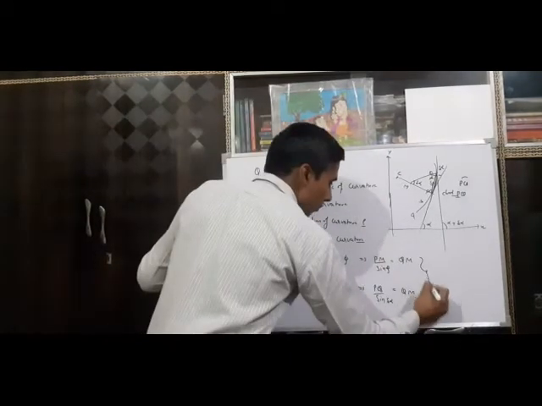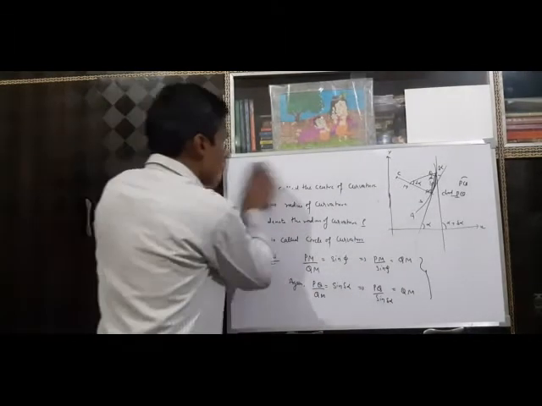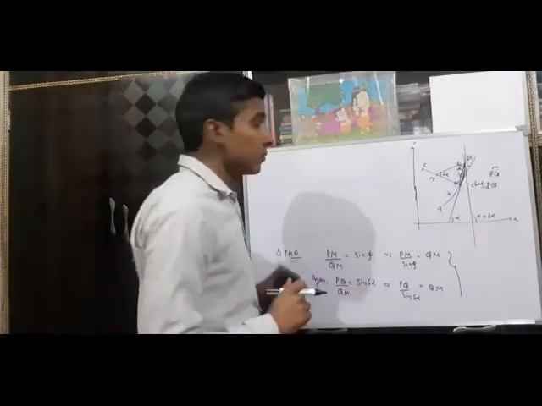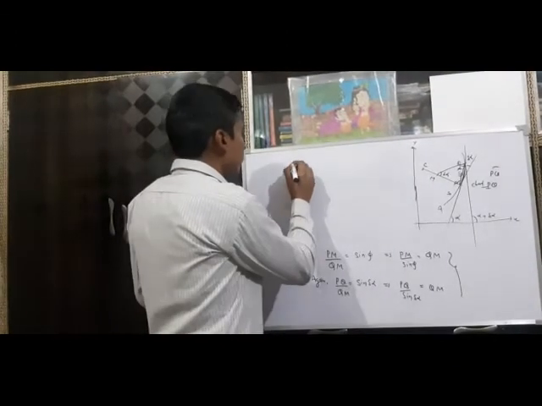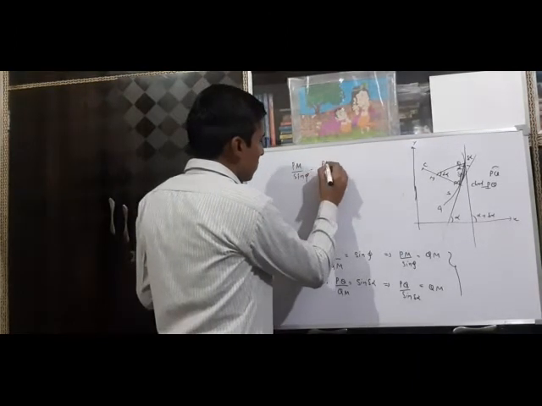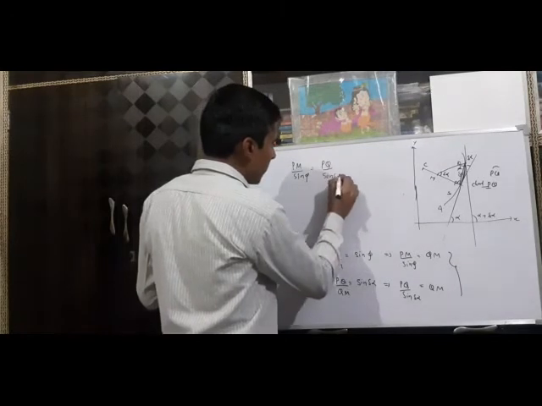So from both these expressions we get PM upon sine phi is equal to PQ upon sine delta alpha.